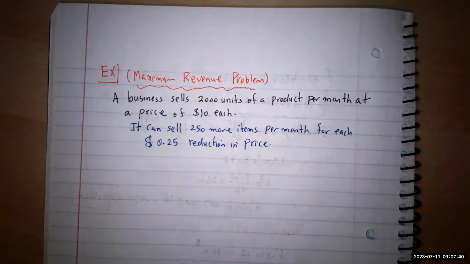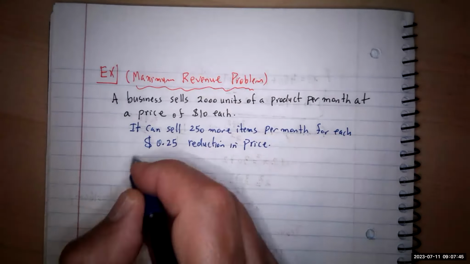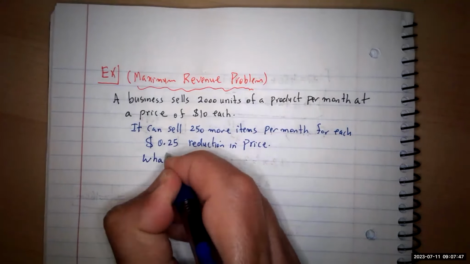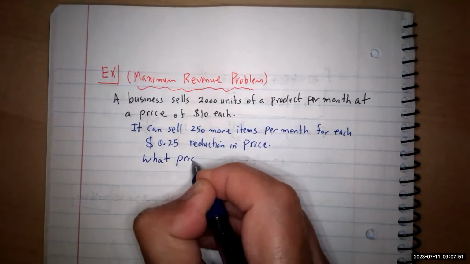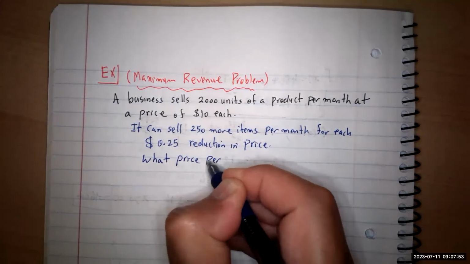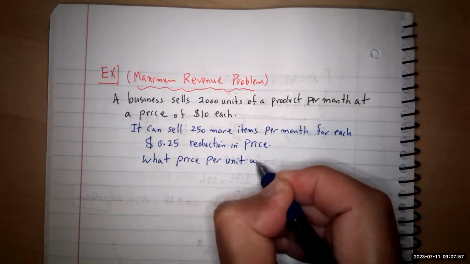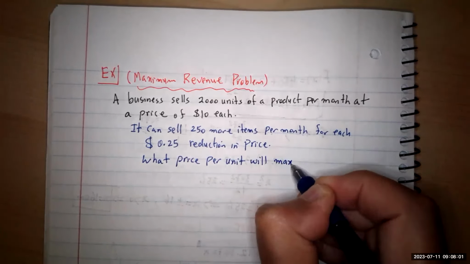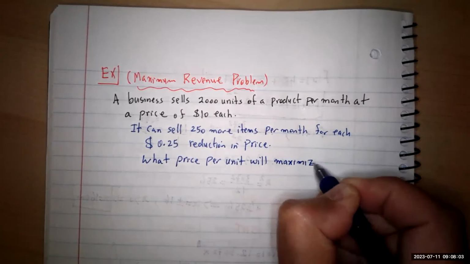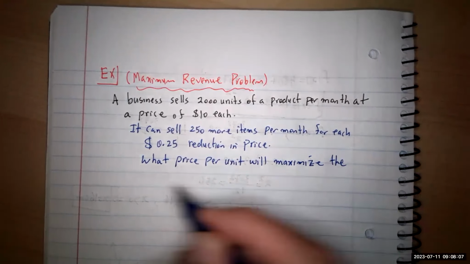Okay, so the question is going to be: what price per unit will maximize the monthly revenue?